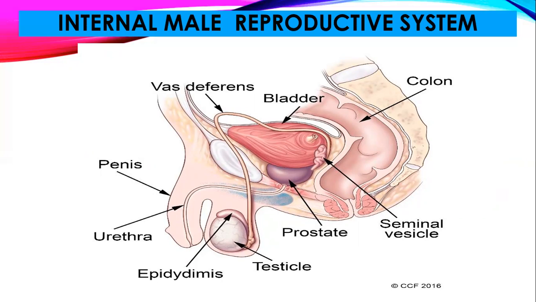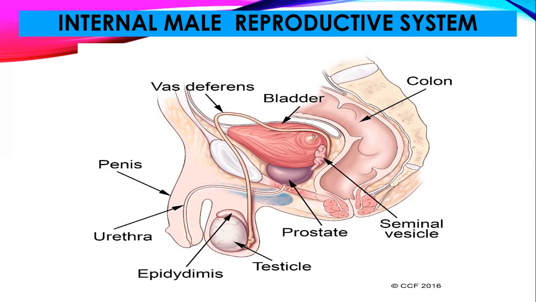The vas deferens, also known as the ductus deferens, is a long muscular tube that travels from the epididymis into the pelvic cavity to just behind the bladder. The vas deferens transports mature sperm to the urethra, the tube that carries urine or sperm outside the body.